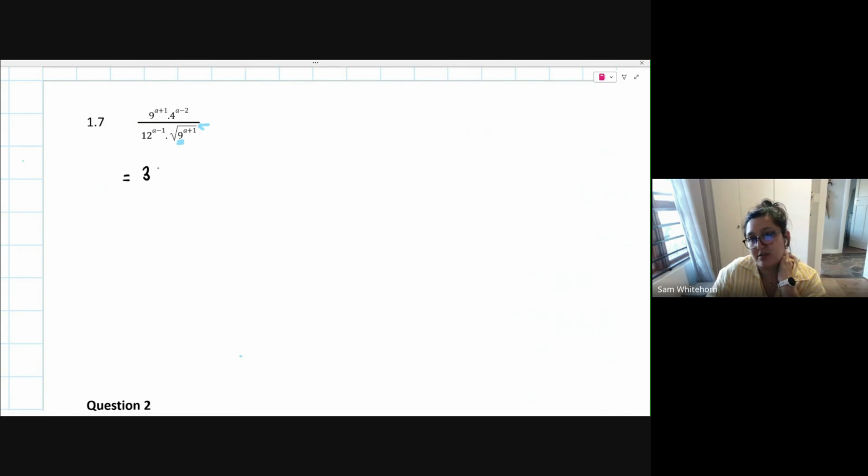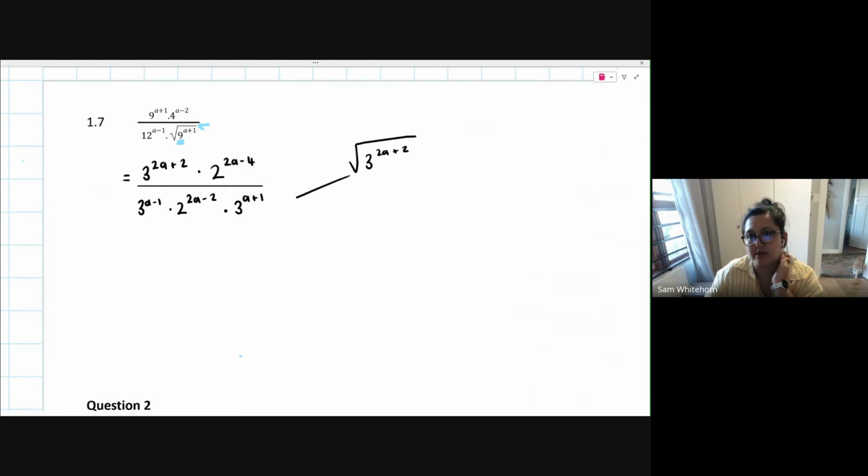So this will be 3 to the power 2a plus 2 times 2 to the power 2a minus 4 over 3 to the power a minus 1 times 2 to the power 2a minus 2 times, and hopefully we can all agree, 3 to the power a plus 1 when we deal with that square root, because it would be the square root of 3 to the power 2a plus 2, and then we apply the square root, we get that.